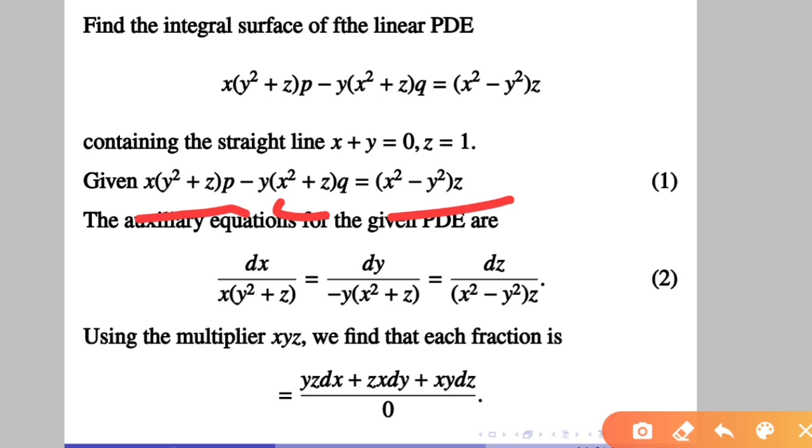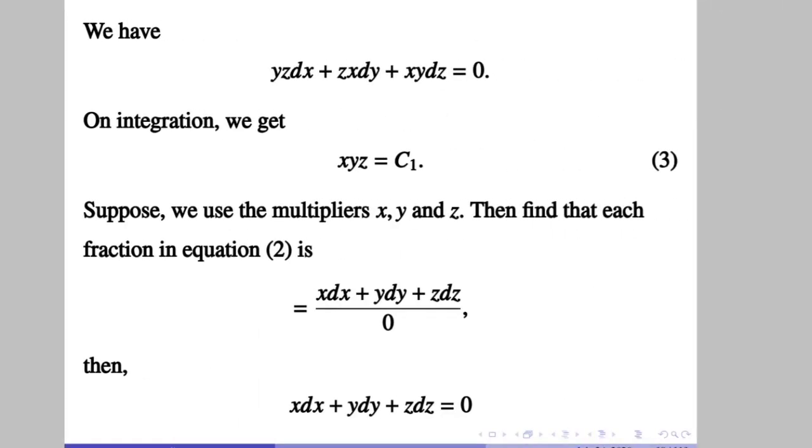So if you take xyz, we are getting the denominator is equal to 0. So therefore, the numerator yz dx plus zx dy plus xy dz is equal to 0. This is the total derivative of xyz. So on integrating, xyz is equal to c1.